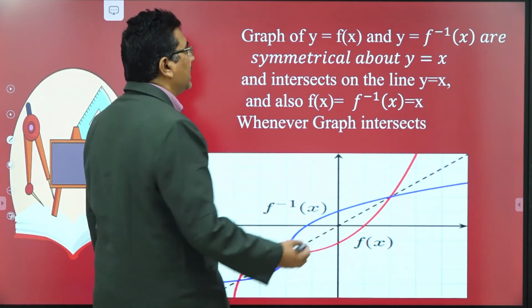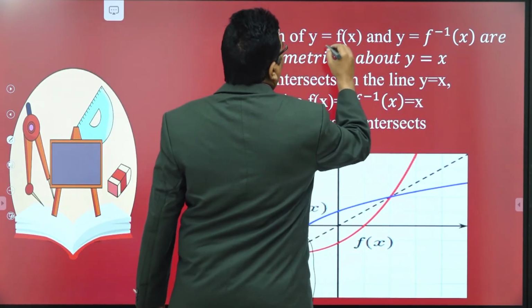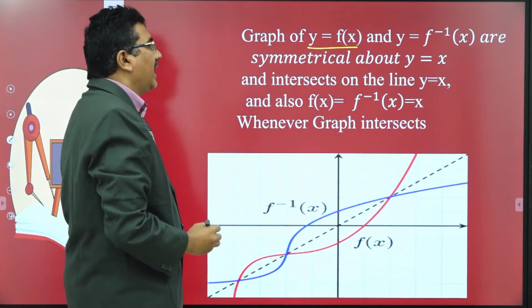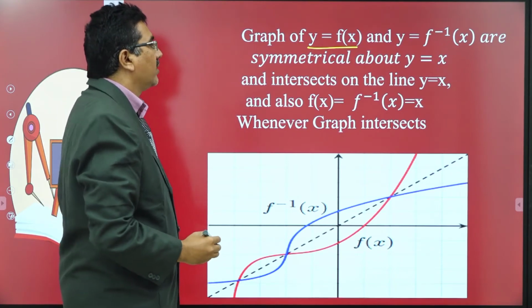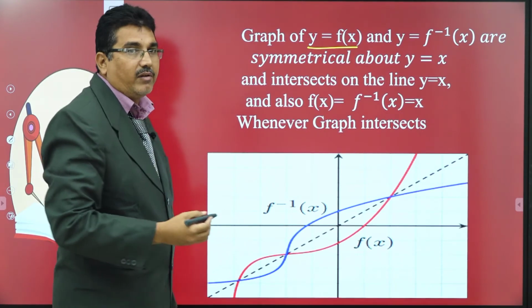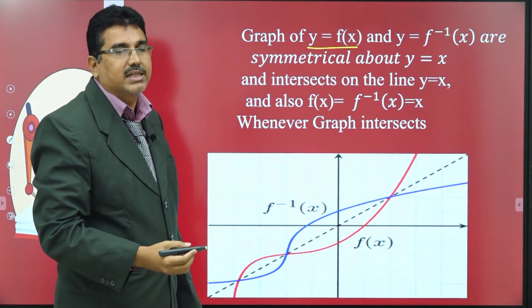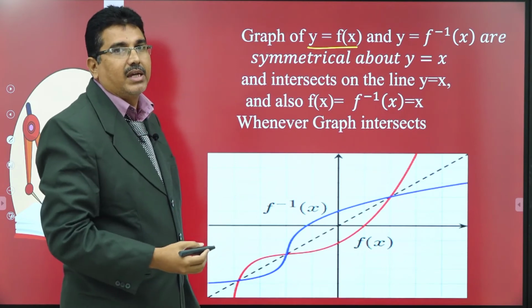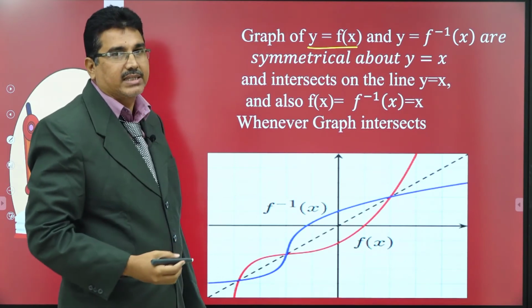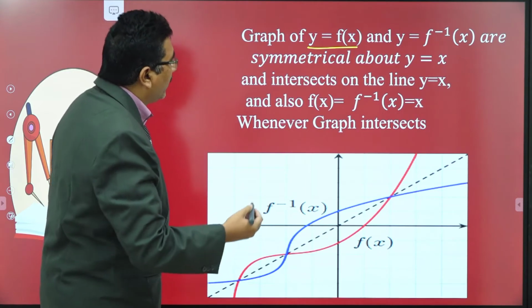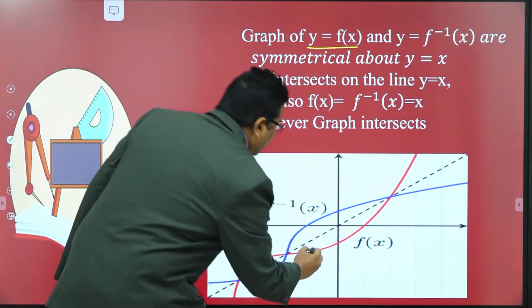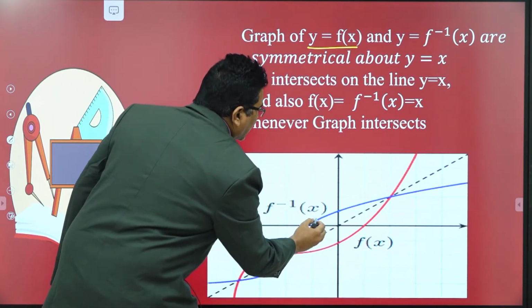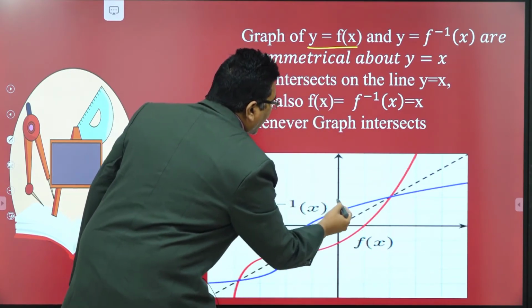If f of x and f inverse of x intersect, then they intersect on the line y is equal to x.